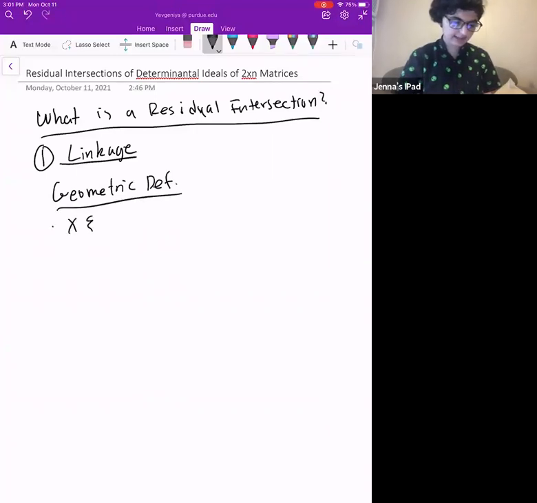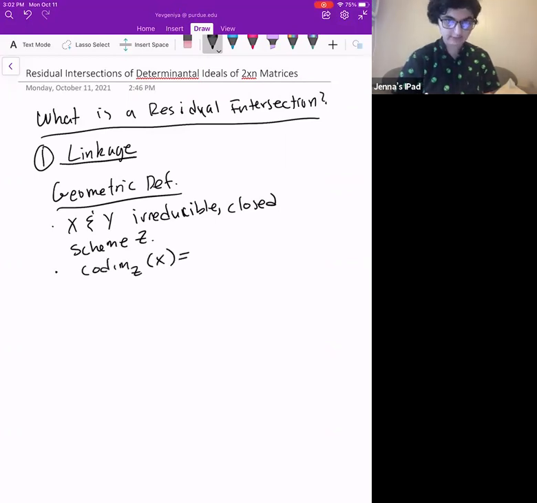So let's let X and Y be irreducible, closed subschemes of a Cohen-Macaulay scheme Z. And let's suppose the codimension of X is equal to the codimension in Z of Y is equal to g. And let's make sure that X and Y are not the same scheme.